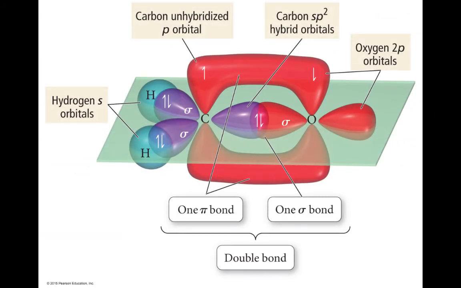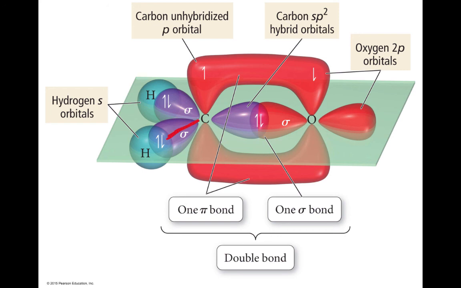Now we can take a look at a molecule that has all of these types of orbitals, and so this goes back to our CH2O molecule, and we've got our sigma bonds right here forming between the sp2 of carbon and the 1s of hydrogen.